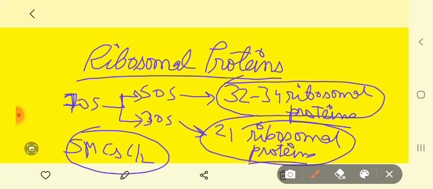Not so much information has been given about ribosomal proteins so far; up to this much has been given. Now, what is the function of these different types of ribosomal proteins? They evidently play an important role in catalytic activity in protein synthesis.